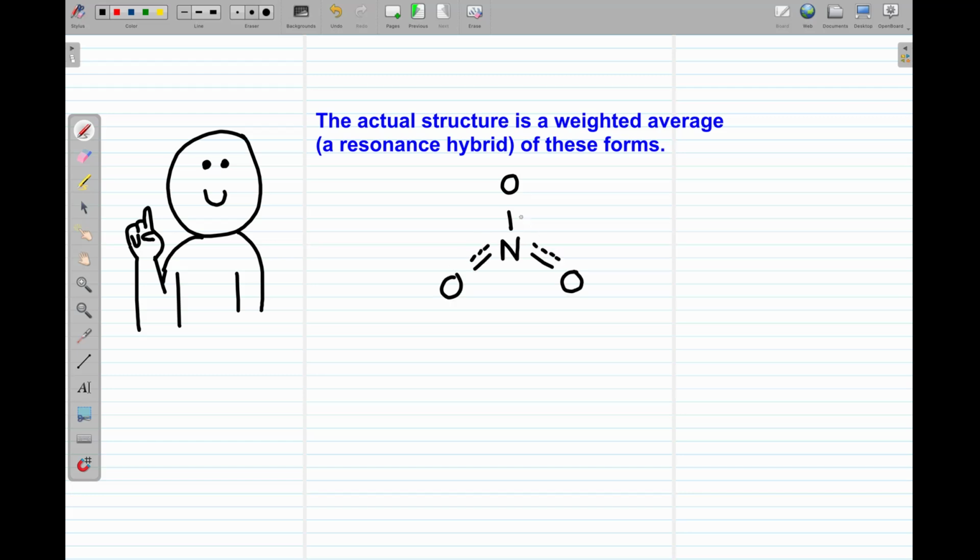This will explain to the examiner or the chemist trying to understand that this bond might be there or might not be there. So the double bond is actually resonating, making a hybrid structure between these different structures. So it's not any one of the three, it's actually all of them.